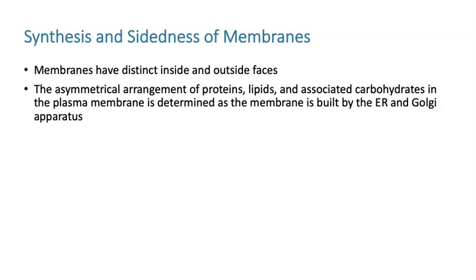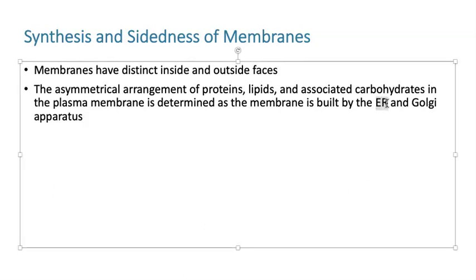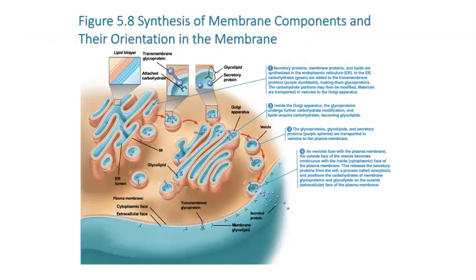is really determined by our endoplasmic reticulum, right? That's shortened to ER, as well as the Golgi apparatus. And if you don't remember what those do, you might want to do a quick review in the last chapter. So just a really quick look at how the ER and the Golgi help determine the inside and outside. You can see the interior here of the Golgi apparatus.